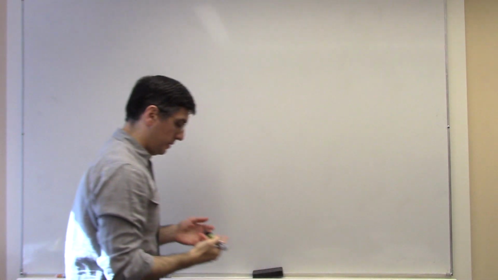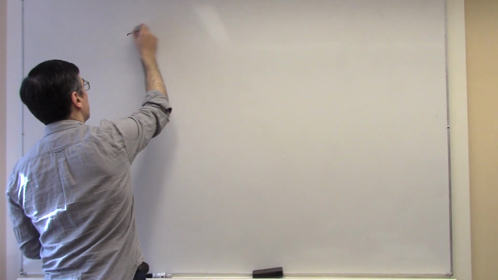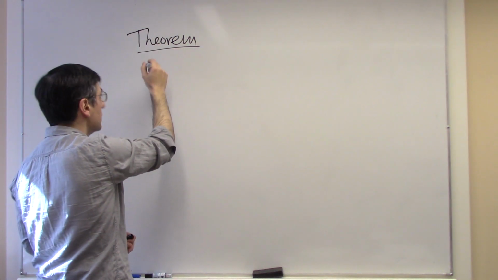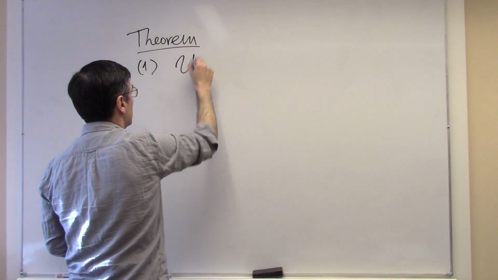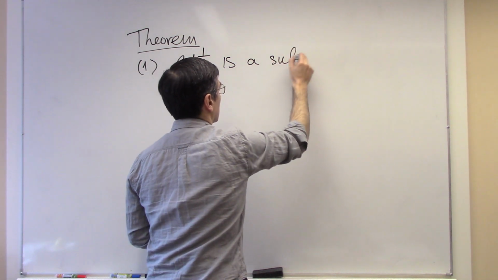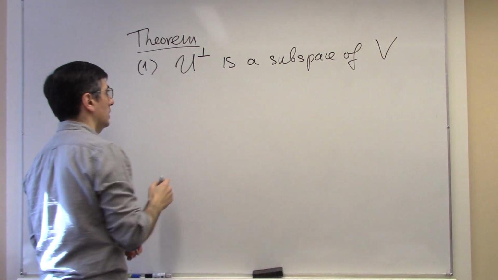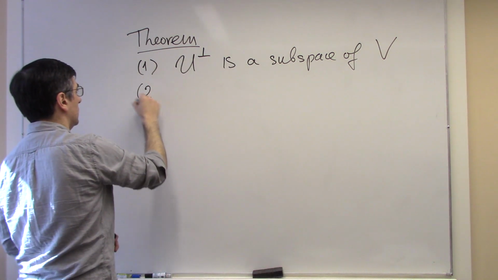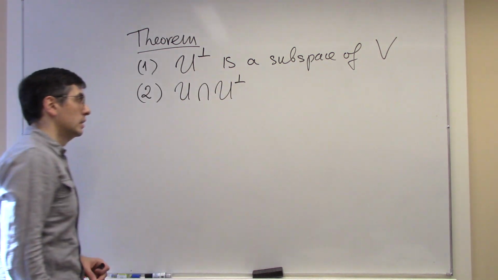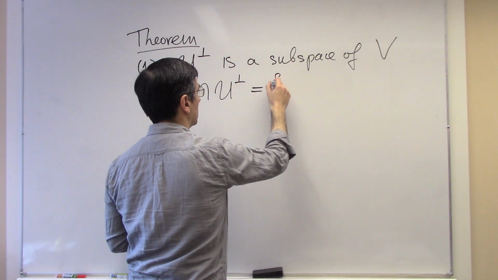Right, so first some properties of this orthogonal complement, this is a theorem. The first is that this orthogonal complement is a subspace of V. The second property is that U and its orthogonal complement, if you intersect them, you get the zero vector.